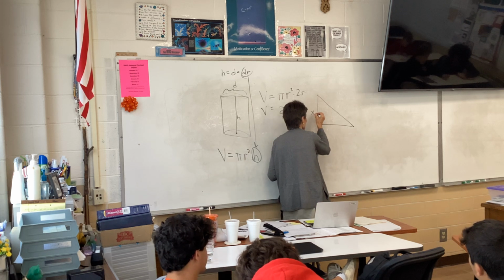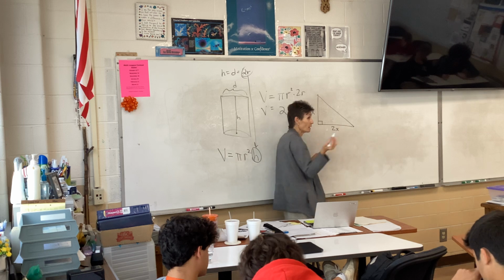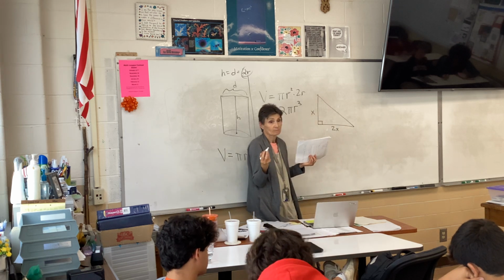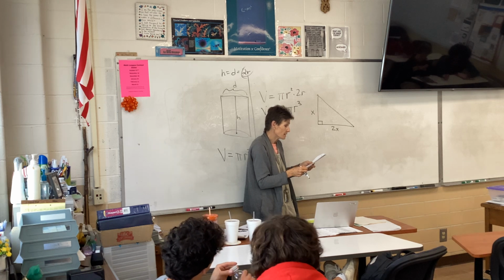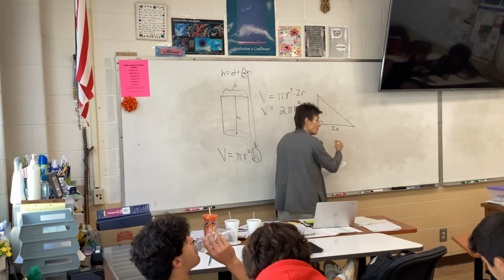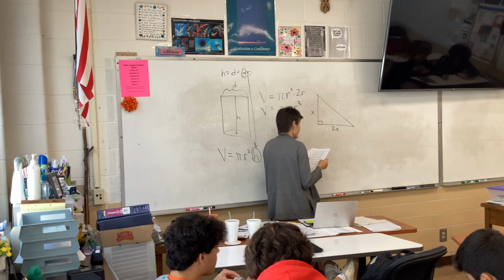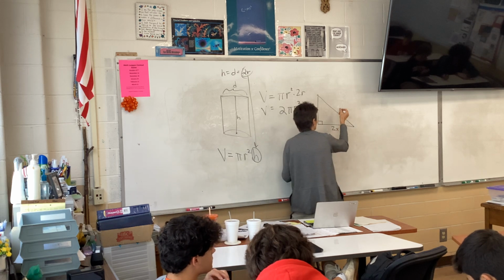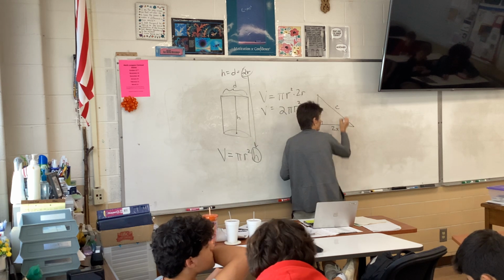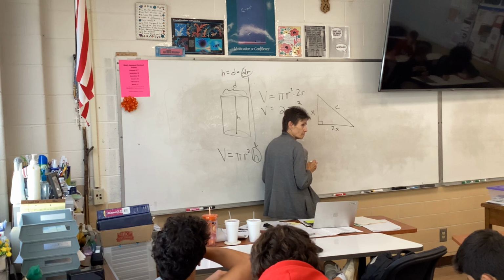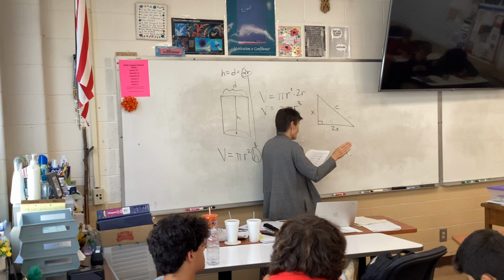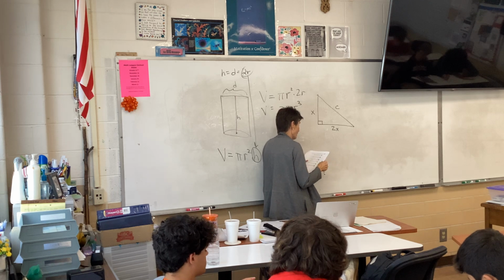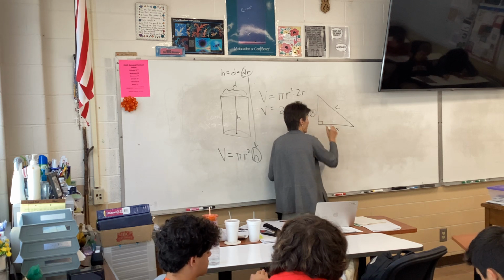So if this one's x, this one would be 2x. Right? Now I'm supposed to write an equation, a formula, for the length of the hypotenuse, called C, as a function of the length of the shorter side.